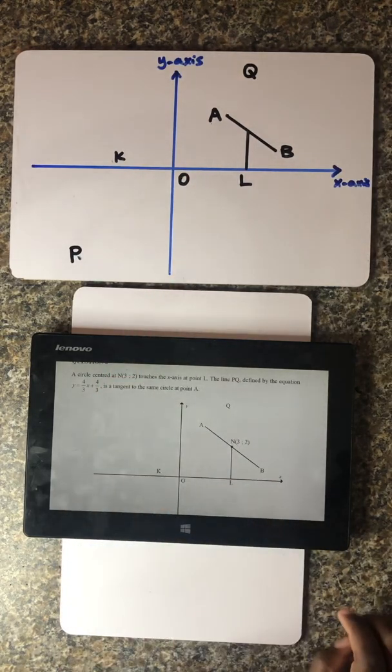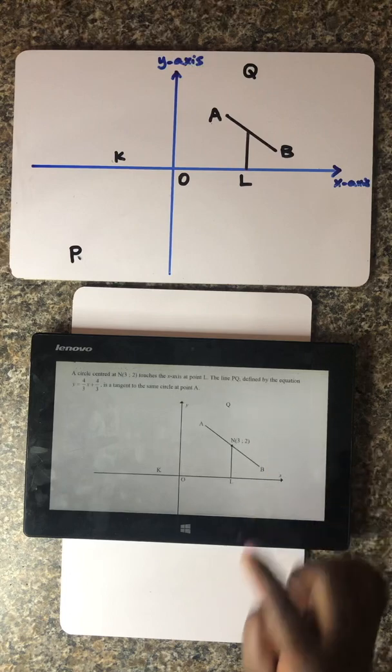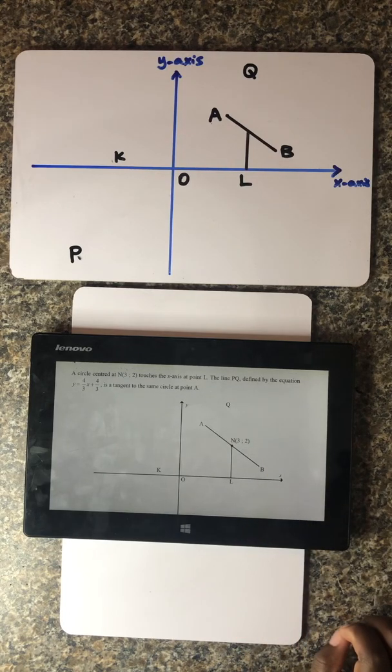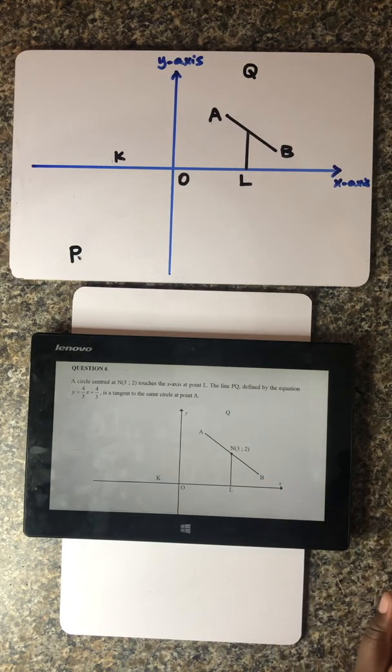That is not necessarily drawn to scale, and I think it's stated in the instructions and information, on the second page, where they say this is not necessarily drawn to scale. Very, very much important.